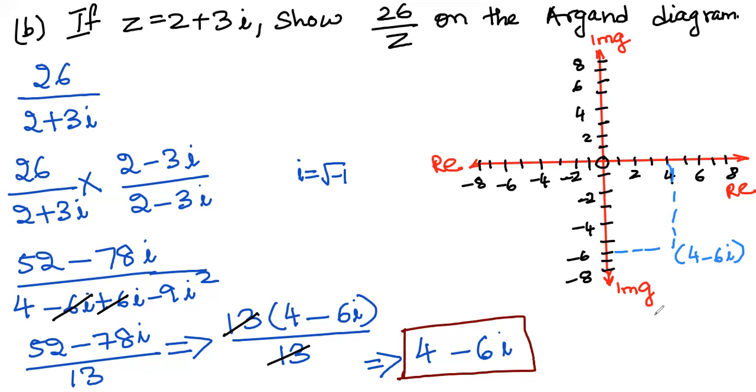It will be in the fourth quadrant. But if you want, you can draw the line. You have to just show the point on the Argand diagram.